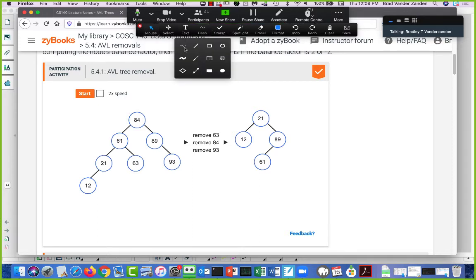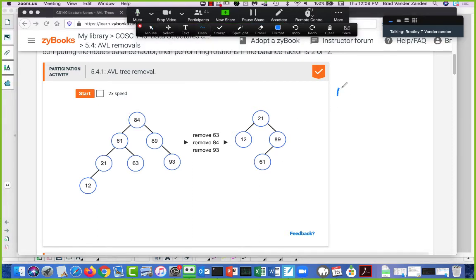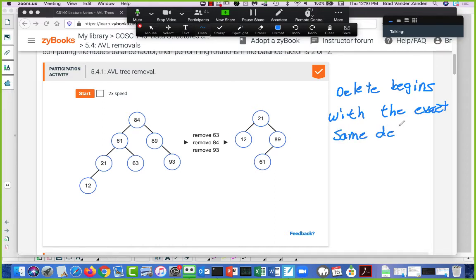So the delete case begins with the exact same delete algorithm used by binary search trees.